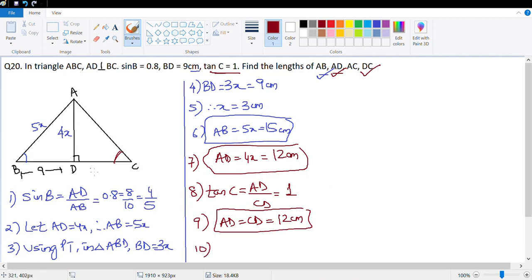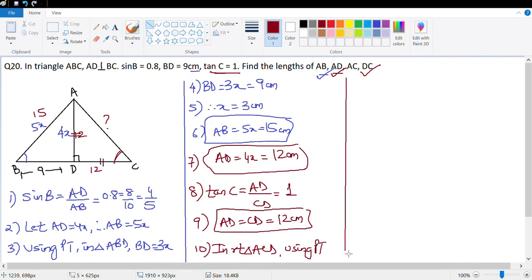Now, so this is 12, this is 12, this is 15, this is 9. We need to calculate AC. Let's apply Pythagoras theorem in the right triangle ACD. So this ACD is basically an isosceles triangle because AD and CD are equal.